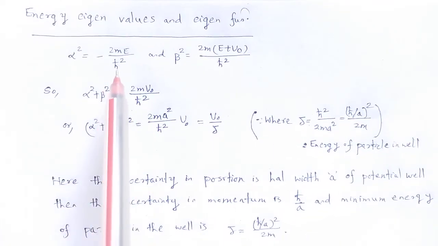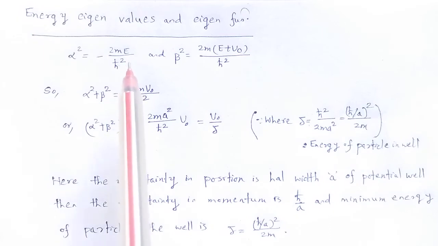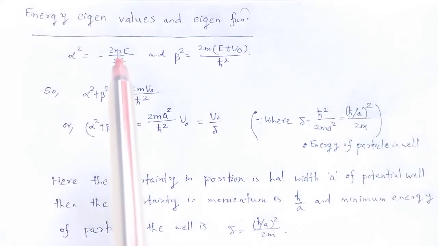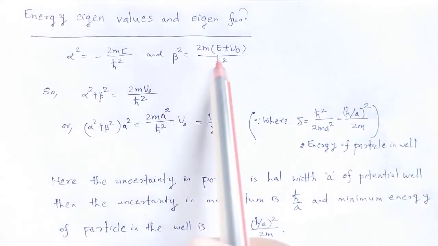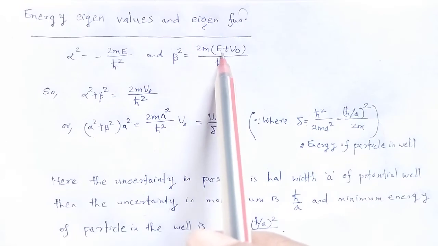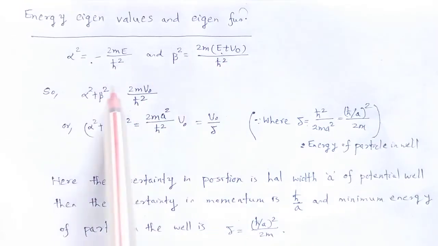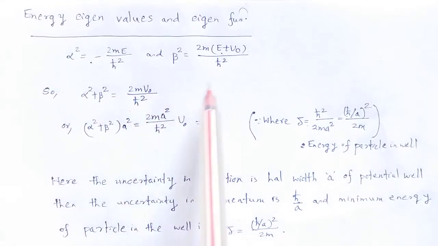Here alpha square is equal to minus 2mE divided by h cross square, as we defined in the time independent Schrodinger equation for regions 1, 2 and 3, and beta square is 2m (E plus U naught) divided by h cross square. So alpha square plus beta square is equal to 2m U naught divided by h cross square.